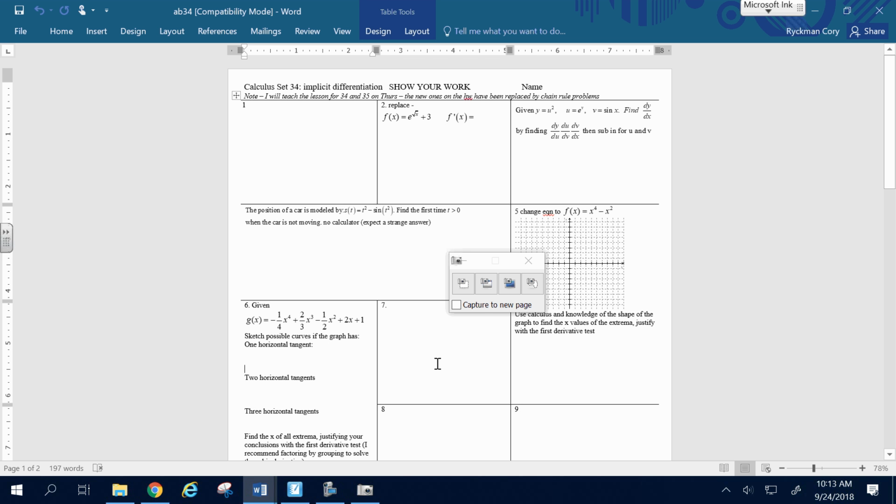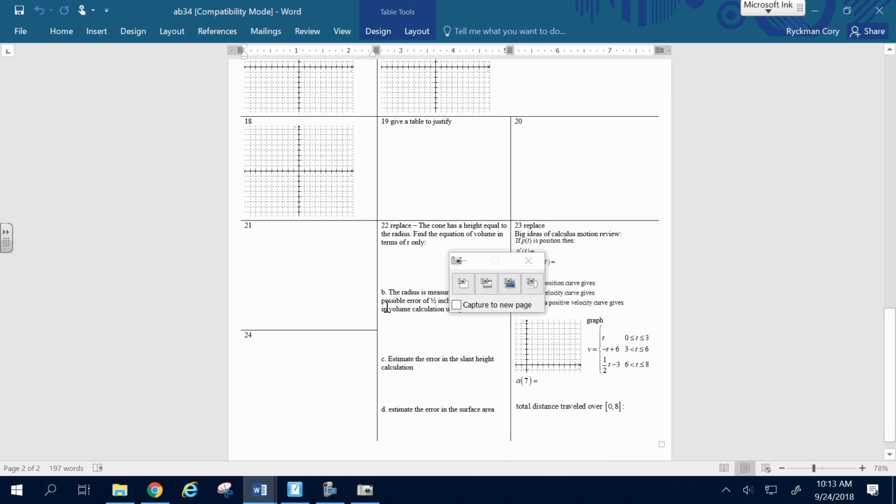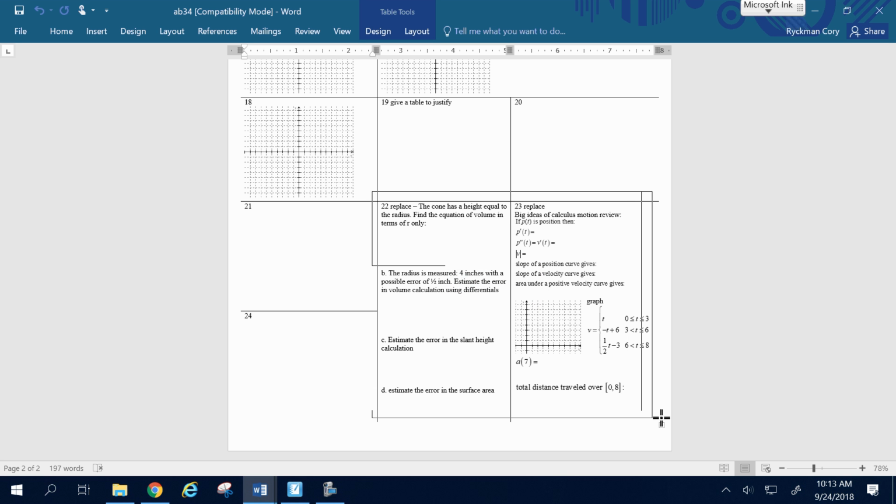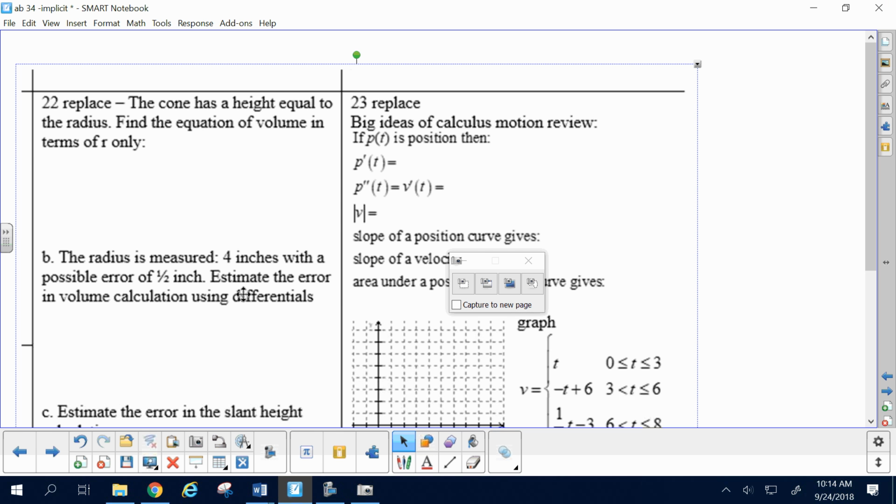Six. What else do I need? Twenty. 21, 1, 2, 3.